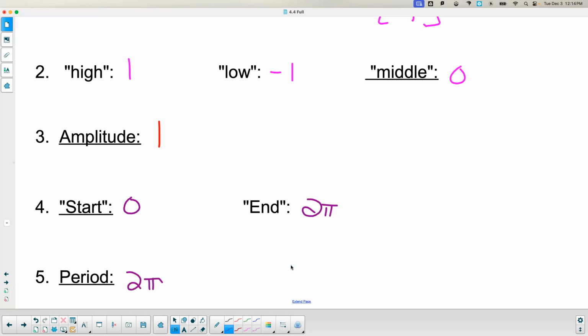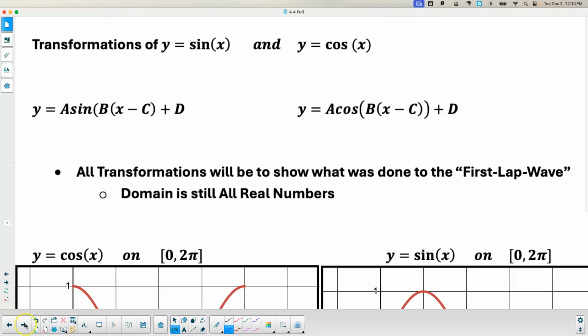Okay. Let's get into it. The first concept: what we're going to be doing with those two basic parent functions now is transforming them. We're going to add in 4 different values, and those 4 different values will do something to the graph. First off, we've got our A value.